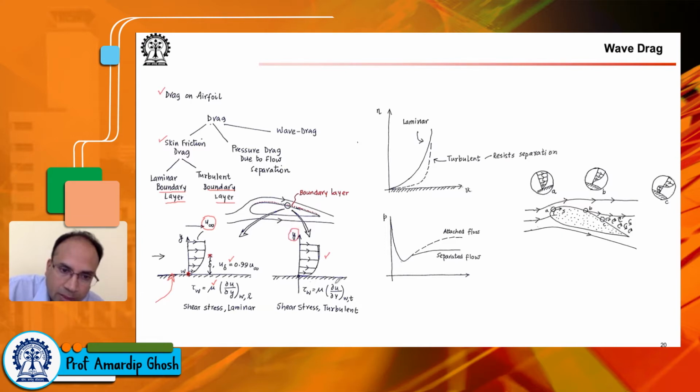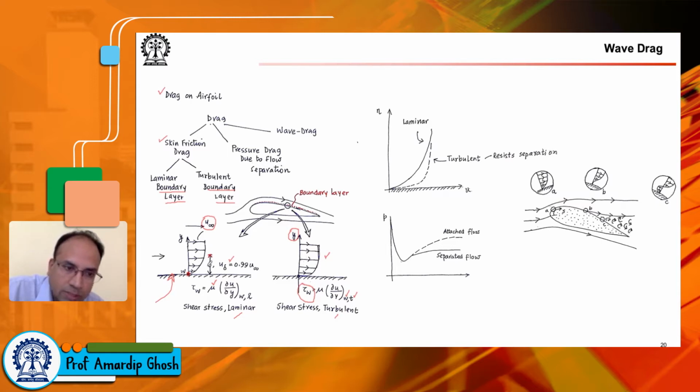As a result, the du dy at the wall for the turbulent flow field is much higher than for a laminar flow field. And the shear stress for the turbulent case is much higher because of this large gradient of velocity near the wall.